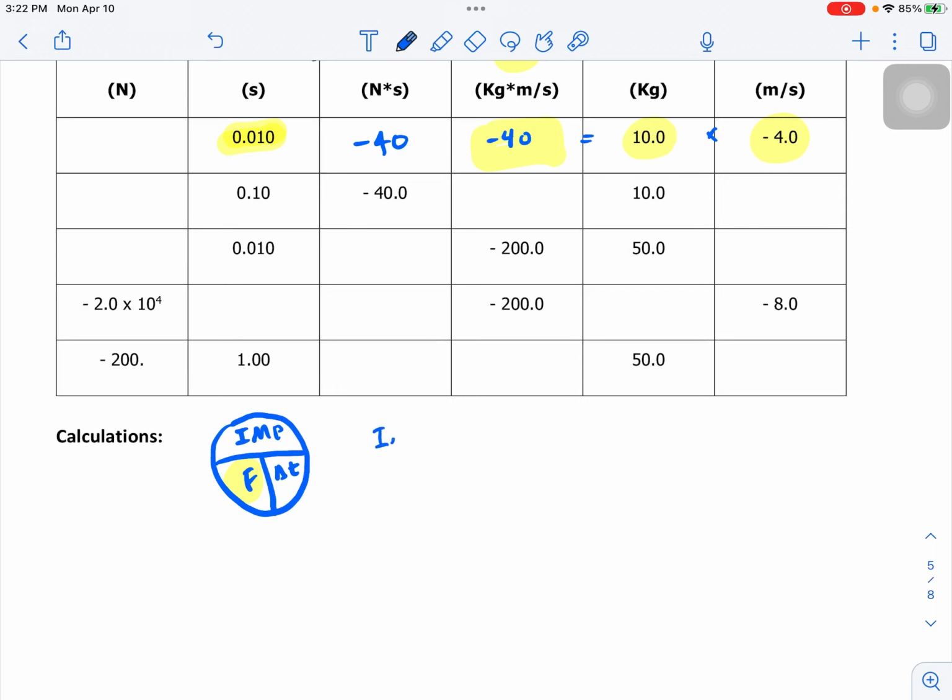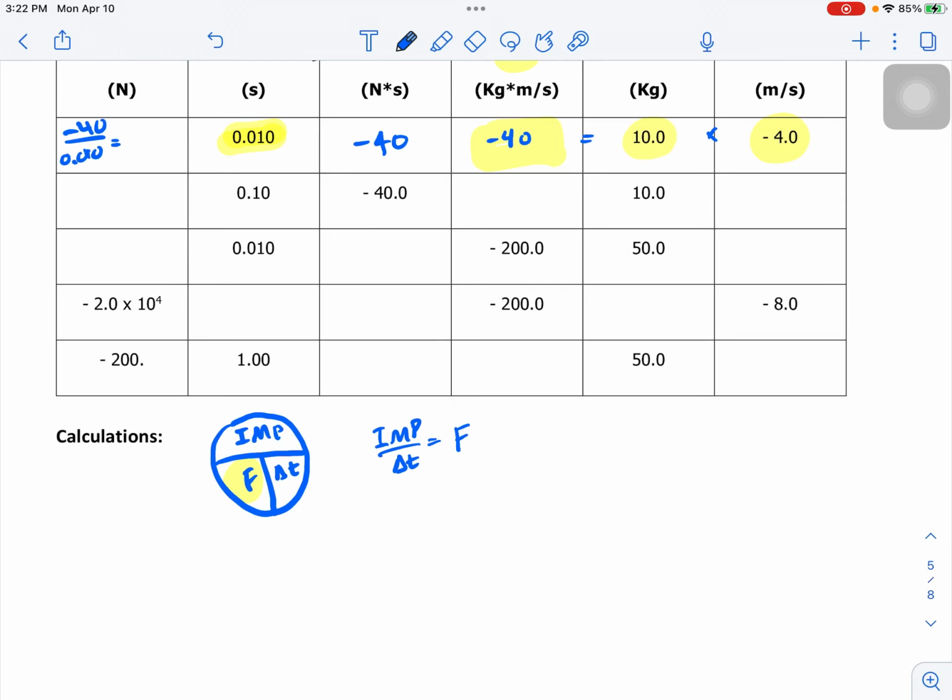So the formula would be impulse divided by delta T is going to give you the force. So by taking negative 40 divided by 0.010, when you calculate that out, you would end up with the number of newtons of force that it takes to have that kind of change in momentum and that amount of impulse.